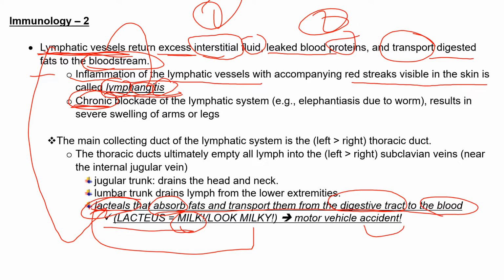So if you block lymphatic vessels for a long time, you're going to see a very, very severe swelling of the part of the body that the lymphatic vessel is coming from. If you block a lymphatic vessel of the arms, arms will be severely swollen. If you block it in the legs, legs will be severely swollen.